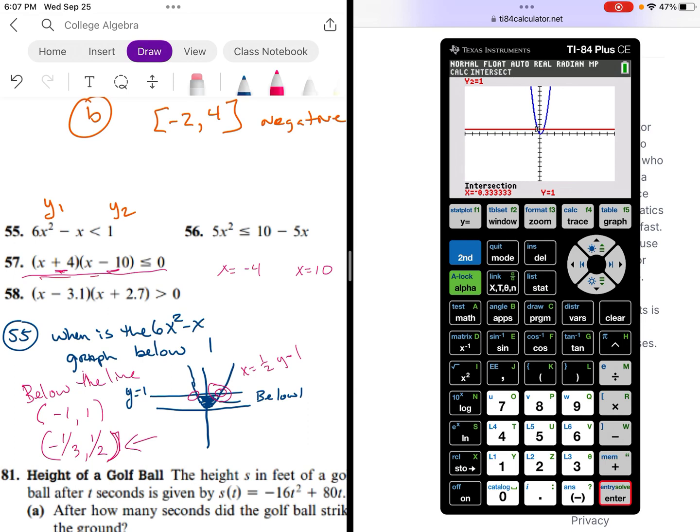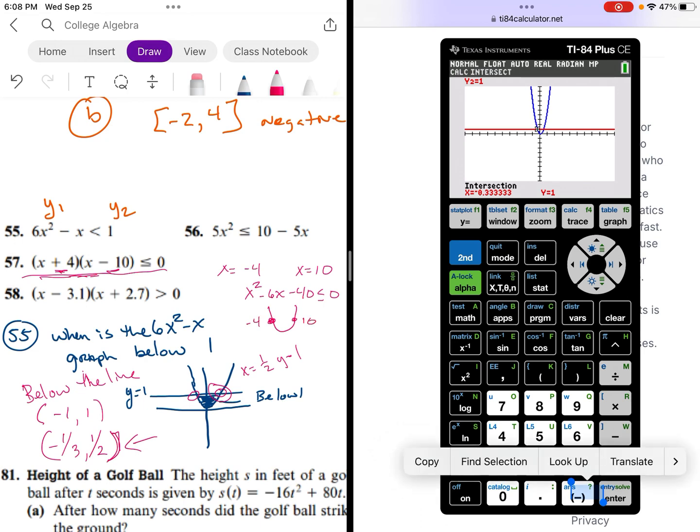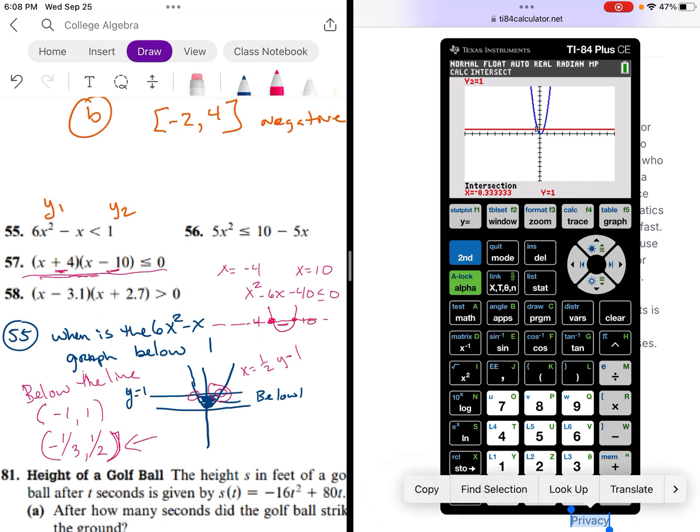Well, this quadratic function, if we multiplied it out, would be x squared minus 6x minus 40 less than or equal to 0. So this parabola opens up. We know it's at -4 and it's at +10, and those are my x-intercepts. So that tells me between -4 and 10, I am less than or equal to 0.